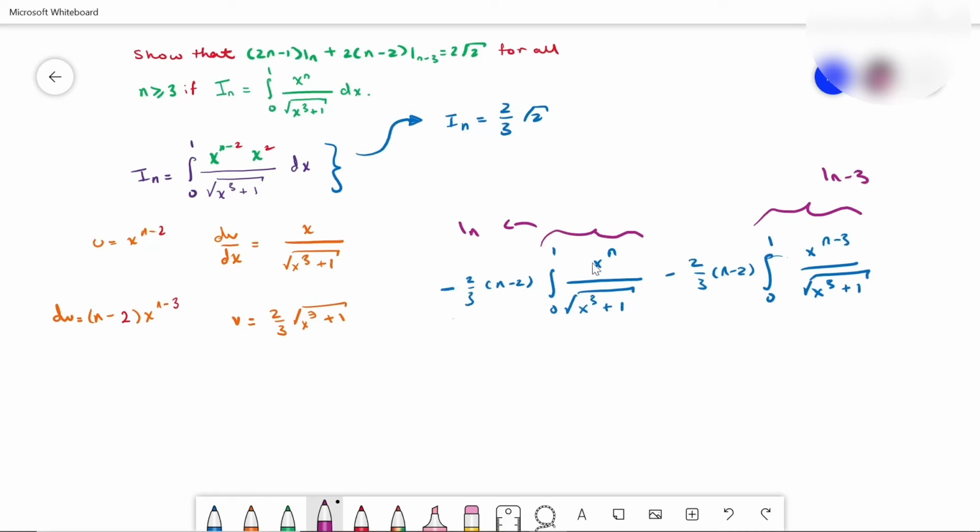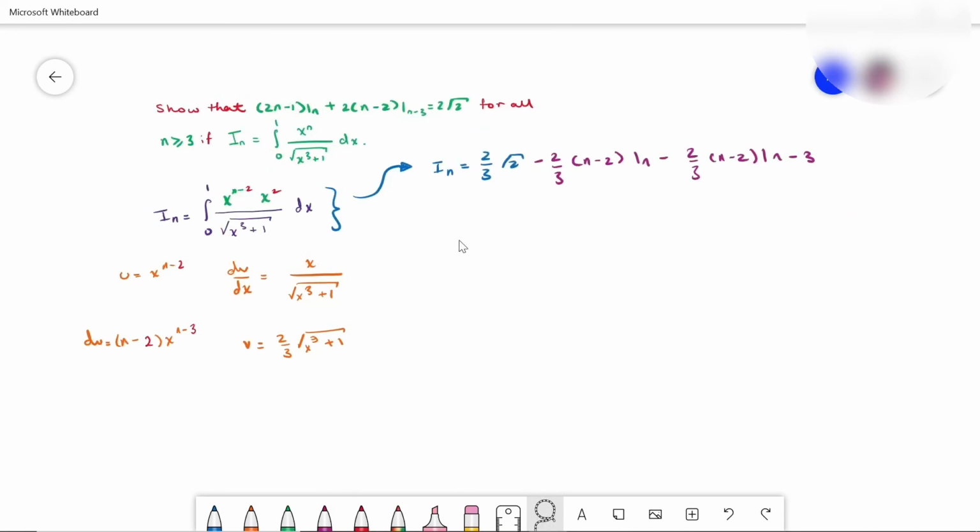So let's go ahead and substitute those values in. So minus 2/3 lots of n minus 2 lots of I sub n, minus 2/3 lots of n minus 2 lots of I sub n minus 3. Okay, so we have this so far, and now it's just a case of simplifying it down. So let's go ahead and do just that.